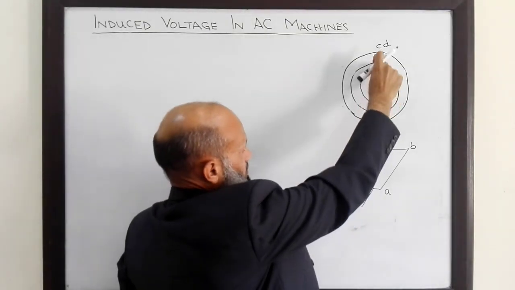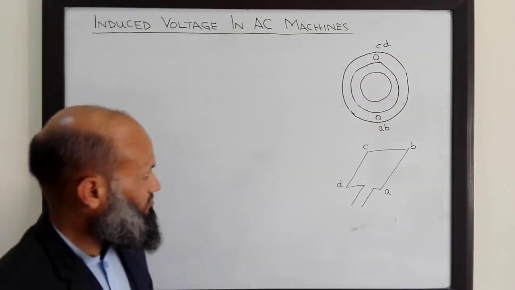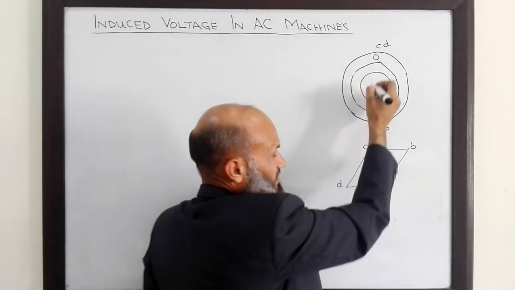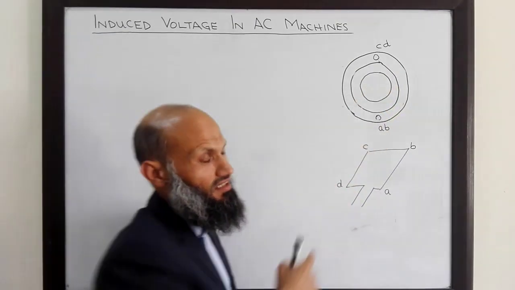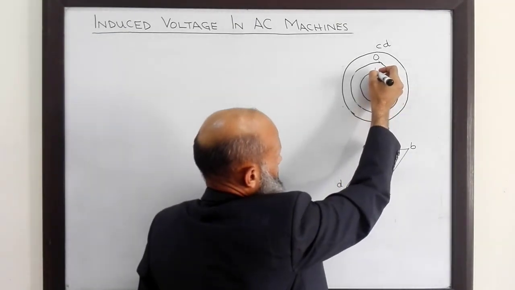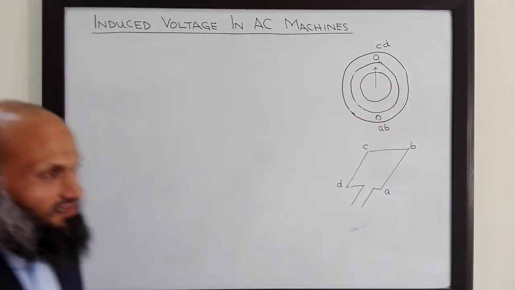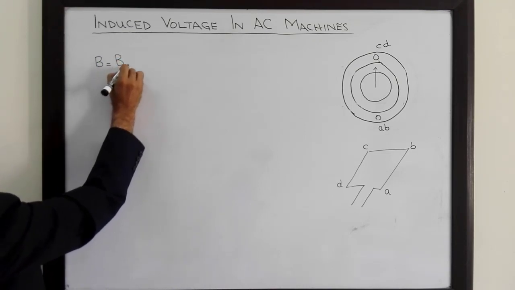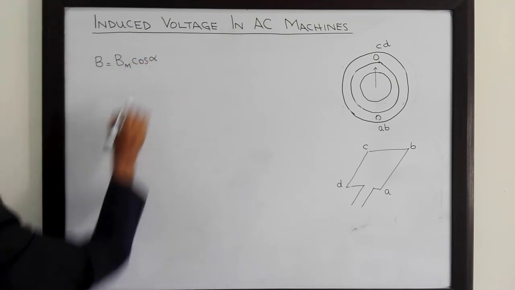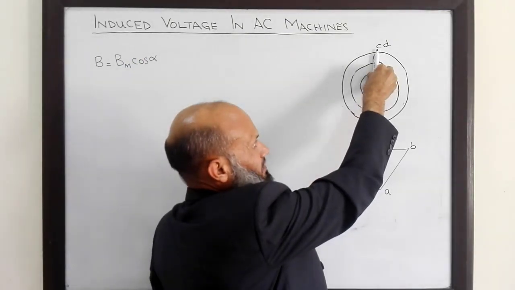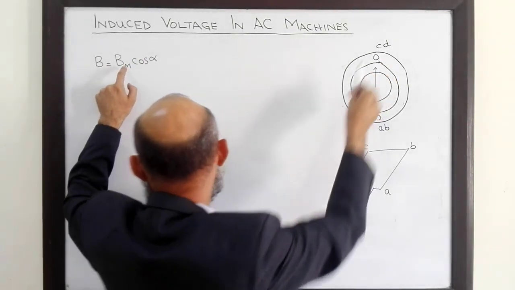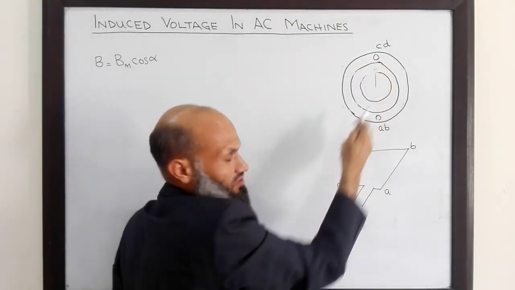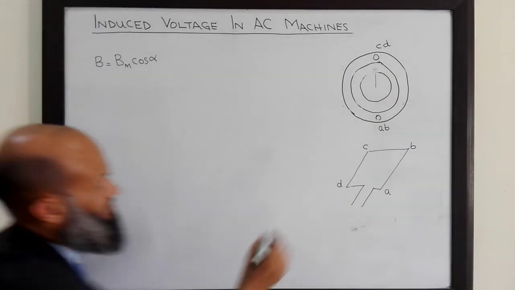Here we have a uniform air gap between the rotor and the stator, and we assume a sinusoidal distribution of the flux on the rotor. That is, the flux density in the air gap is given by B equal to Bm cosine alpha. At this particular angle, flux density is maximum, and as we move along the surface of the rotor, this flux density decreases.